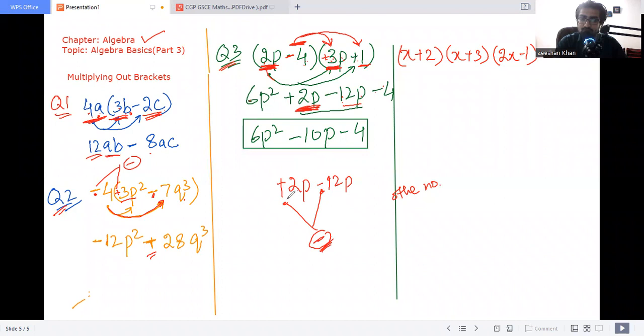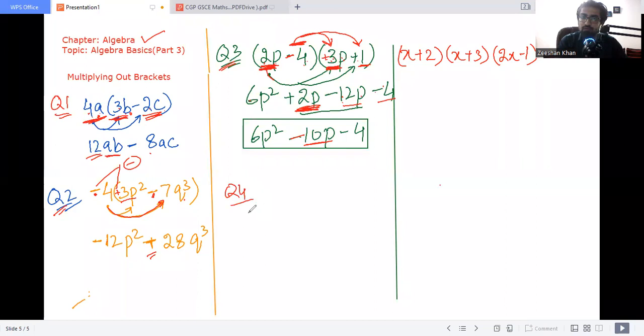Now obviously you will subtract the smaller number from the bigger number. So 12 minus 2 is 10. So 10p we got, but we will write the sign of the bigger number. So you can see I have written the sign of that bigger number, which is negative. And we will write negative 4 on its own place. So this is how we multiply two brackets. Now let me solve another question.